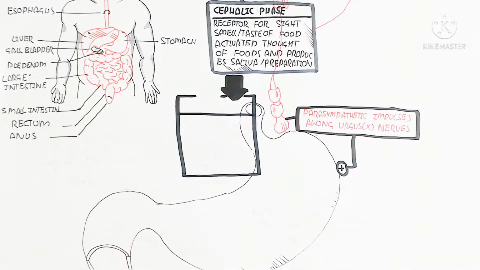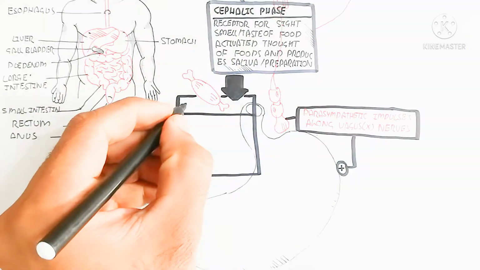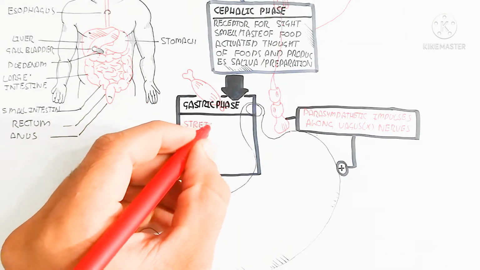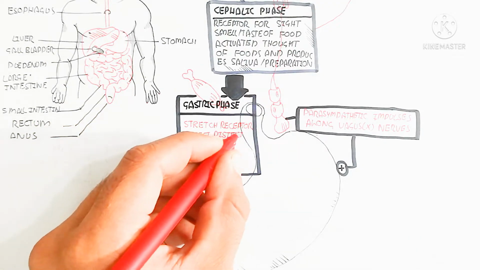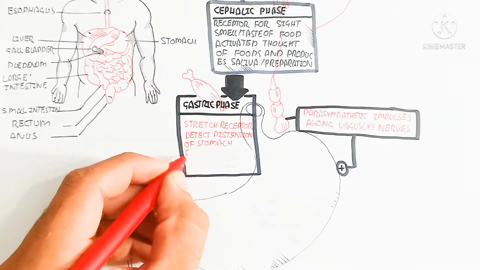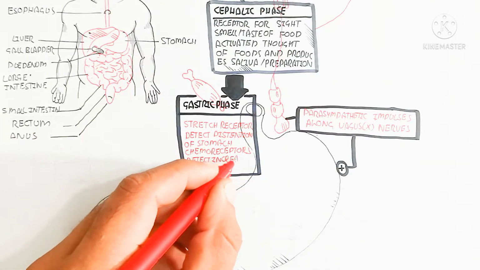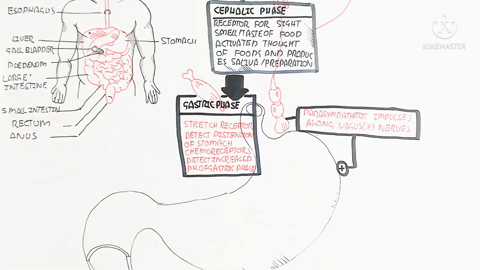So here the second phase is the gastric phase. This occurs after the stretch receptors detect distension of the stomach, and chemoreceptors detect the increase in pH, and the gastric phase will occur. So the pH of the stomach increases, leading to the production of acid.